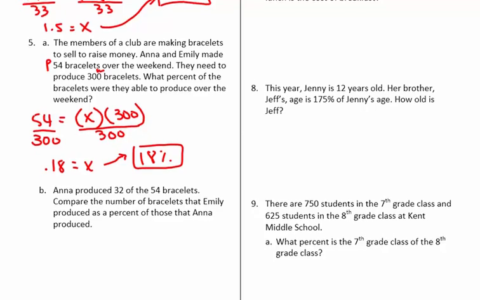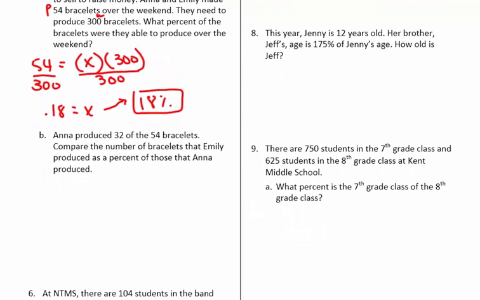Part B, Anna produced 32 of the 54. Compare the number of bracelets that Emily produced. So we're comparing Emily as a percent to those that Anna produced. So we're comparing Emily over Anna. And it tells me that Anna produced 32. So 54 total minus Anna's 32.